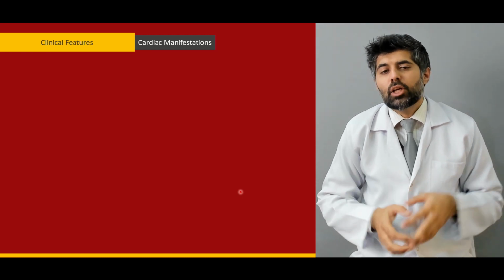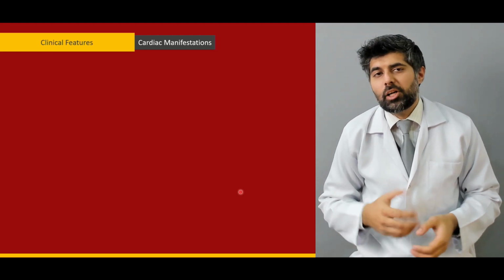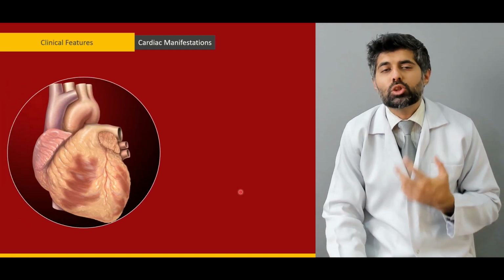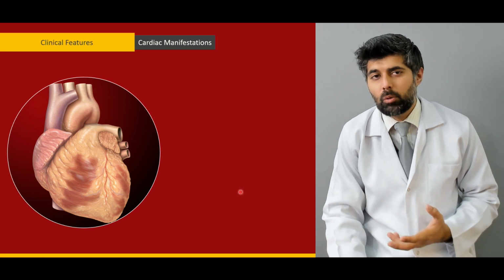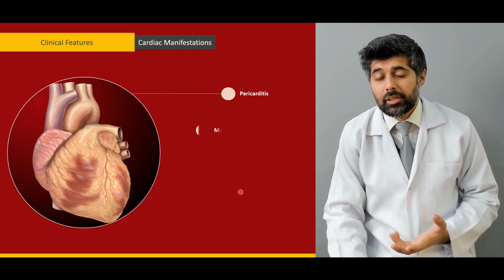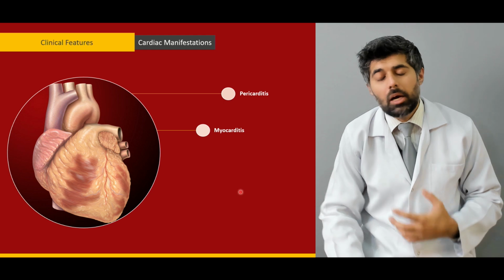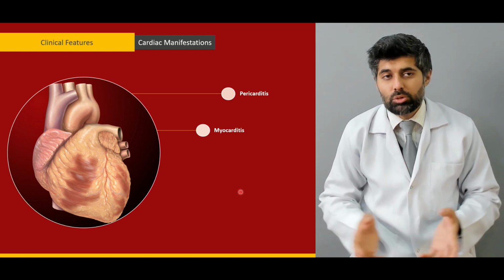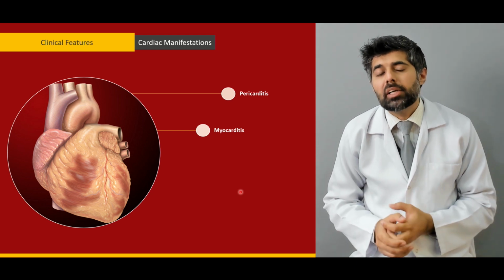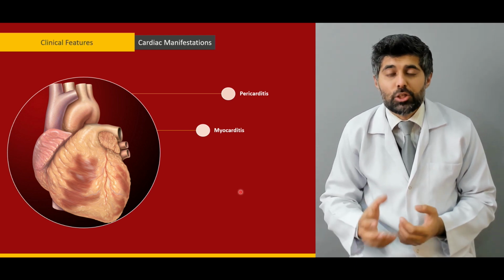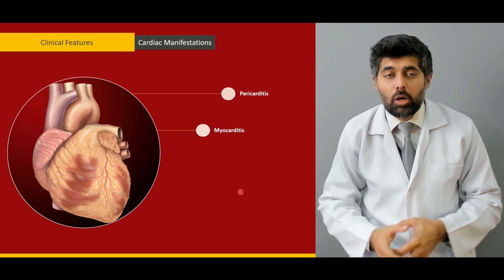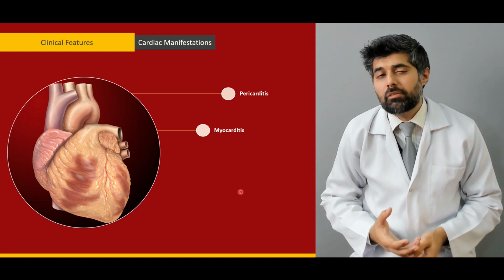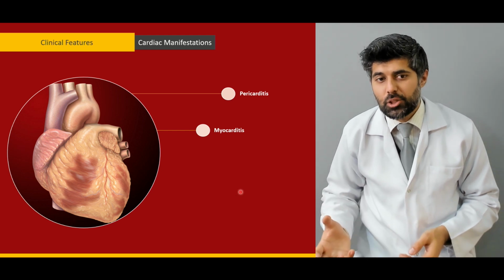SLE patients can also manifest with cardiac issues. And for cardiac issues, two of the most common problems that are found are pericarditis and myocarditis. Pericarditis is the inflammation of the tissue that surrounds the heart, and myocarditis is the inflammation of the tissue of the heart. Both are first seen in a patient with cardiac manifestations in SLE.